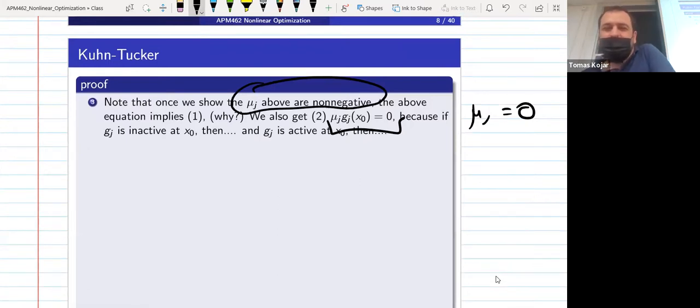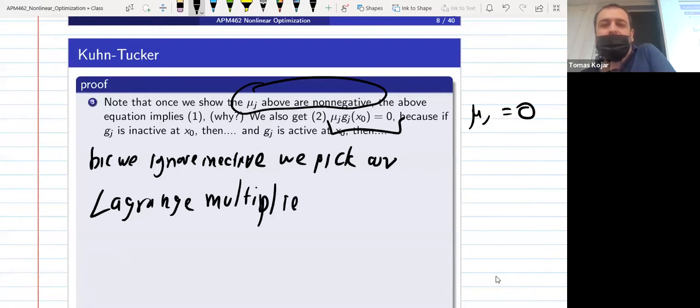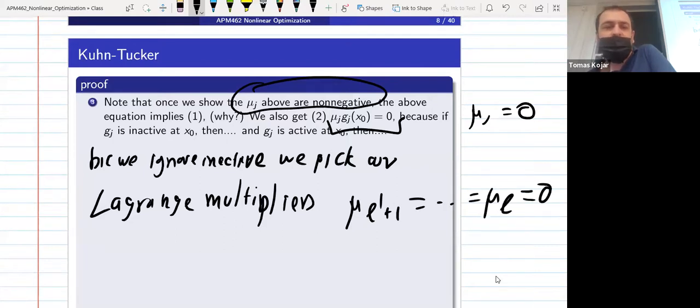So because we can ignore inactive constraints, we pick our Lagrange multipliers mu L prime plus 1 to mu L to be 0.